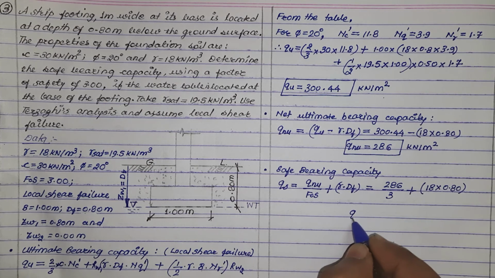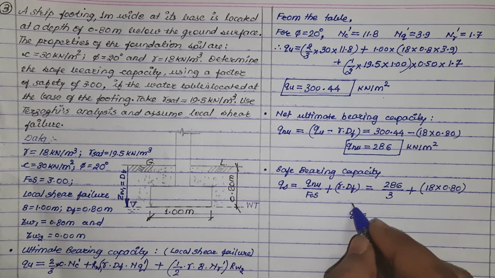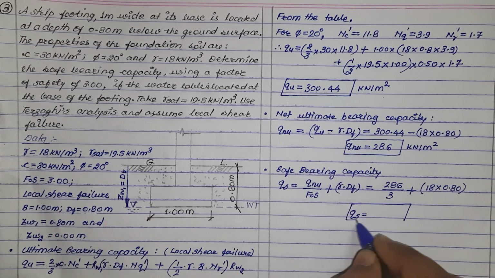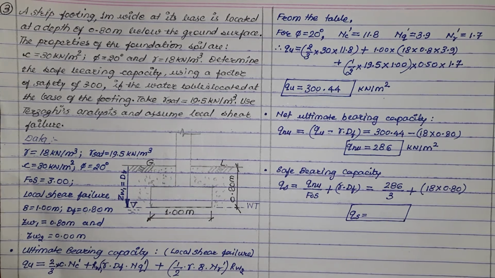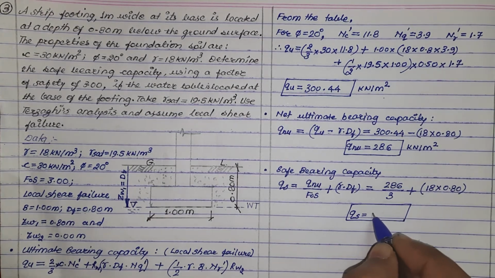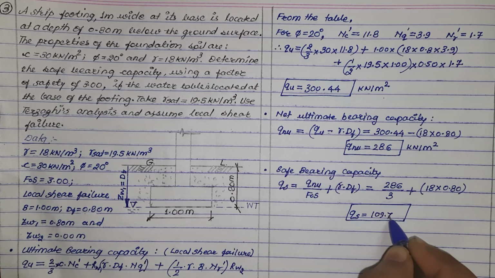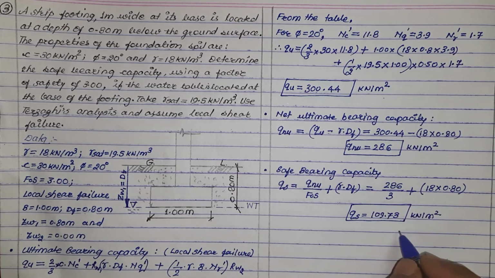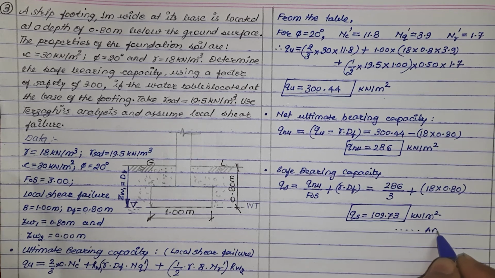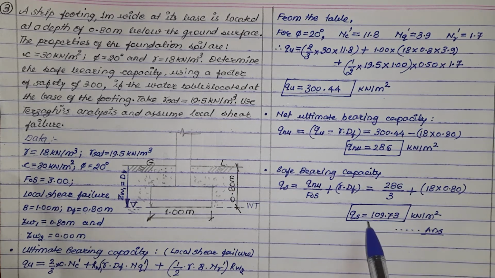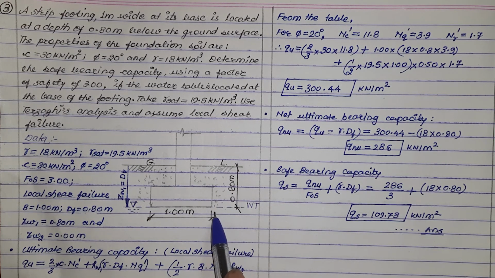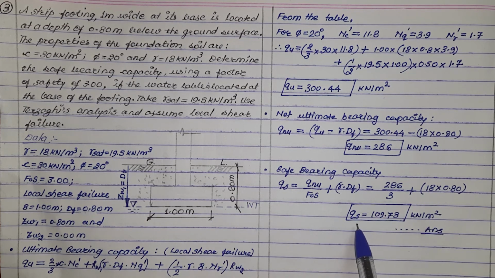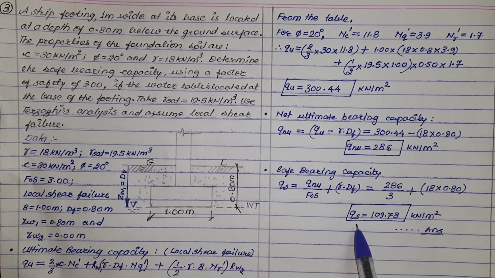From this we will get value of Qs. Qs comes out to be 109.73 kilonewton per meter square. This is the answer. Thus, by considering water table at the base of the foundation, safe bearing capacity of the soil for strip footing is calculated.